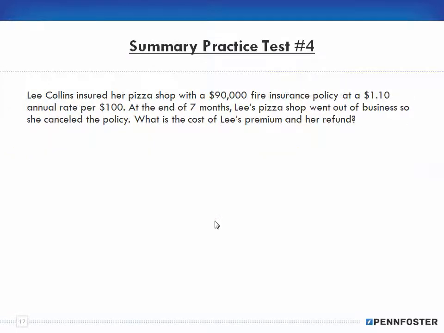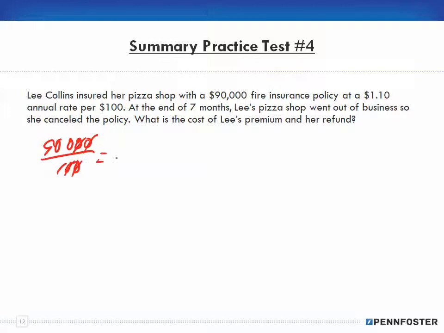All right. Number 4 here. Let's see here. Lee Collins insured her pizza shop with a $90,000 fire insurance policy at $1.10 annual rate per $100. Okay, so that's 90,000 divided by 100.